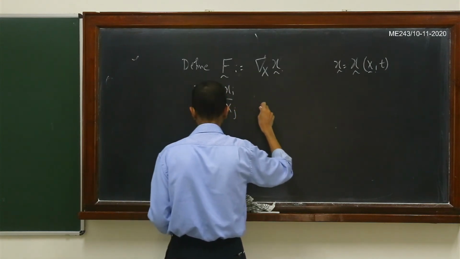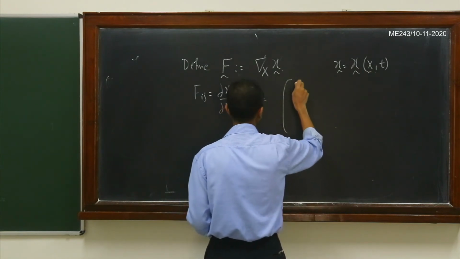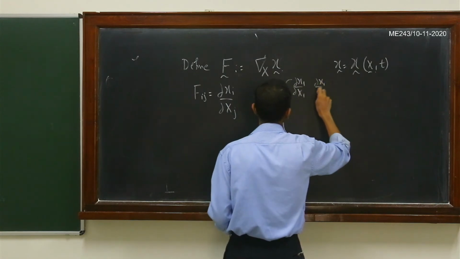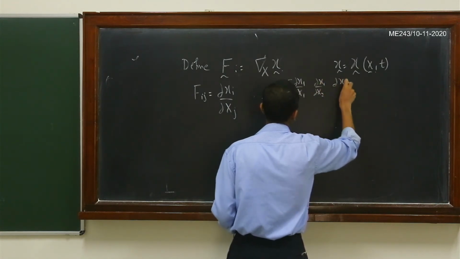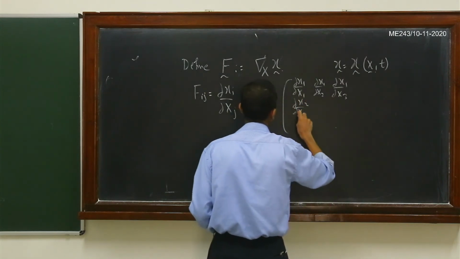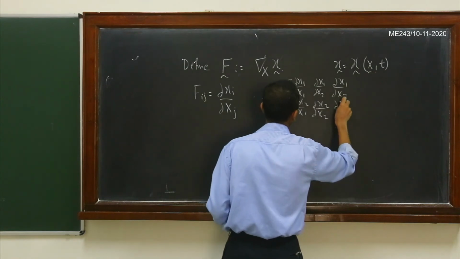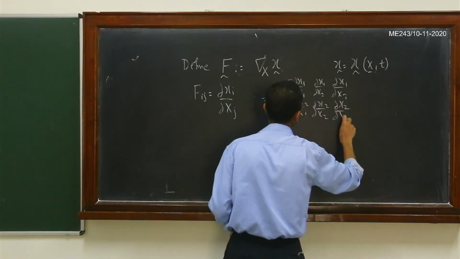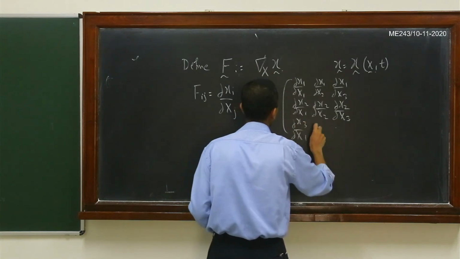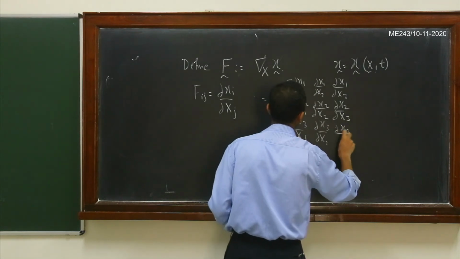If I write the matrix, that will be del chi 1 by del x1, del chi 1 by del x2, del chi 1 by del x3, del chi 2 by del x1, del chi 2 by del x2, del chi 2 by del x3, del chi 3 by del x1, del chi 3 by del x2, del chi 3 by del x3.